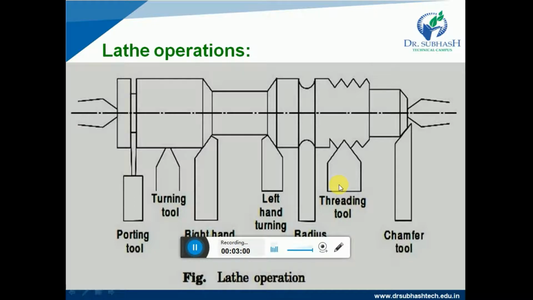It is done in some steps. First, we have to mount the job in the chuck or between the centers of the tailstock and headstock, then hold the cutting tool in the tool post with the cutting edge slightly above the job axis, then set the spindle speed and feed as required, give the depth of cut as per the finish or rough cut you want, start the machining, engage the automatic feed to move the carriage with the tool to the desired length, then disengage the feed and the carriage is brought back to the starting position.